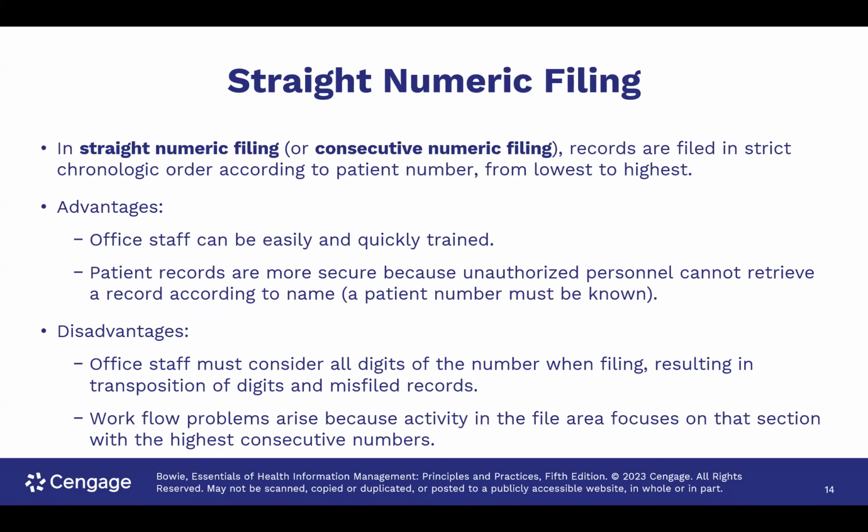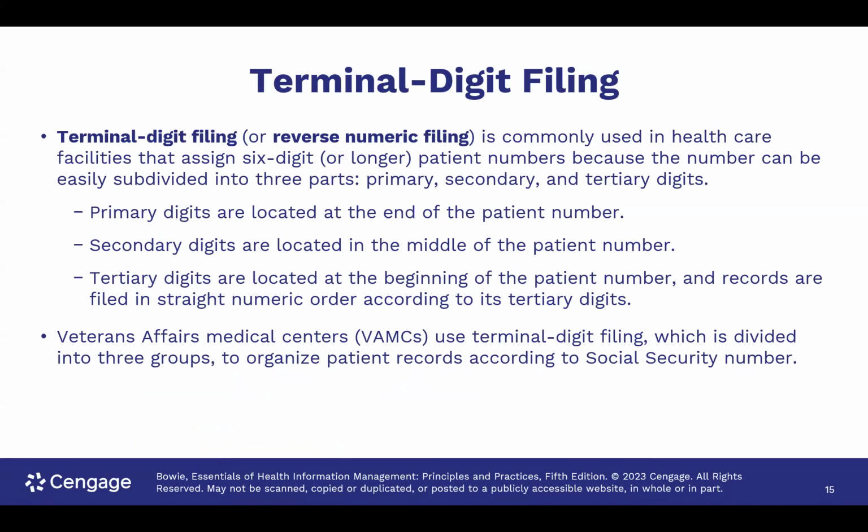So the records are filed in strict chronological order from lowest to highest. It's easy to train people on, but the problem is we get records transposed, misfiled, and then we have all this activity in one file area. We want to file reports into them because of this consecutive numbering. So it gets to be a little bit of a headache. Don't really see it used that often.